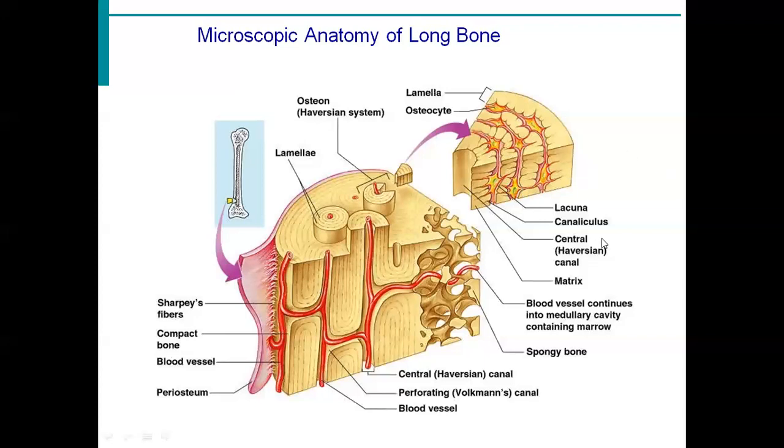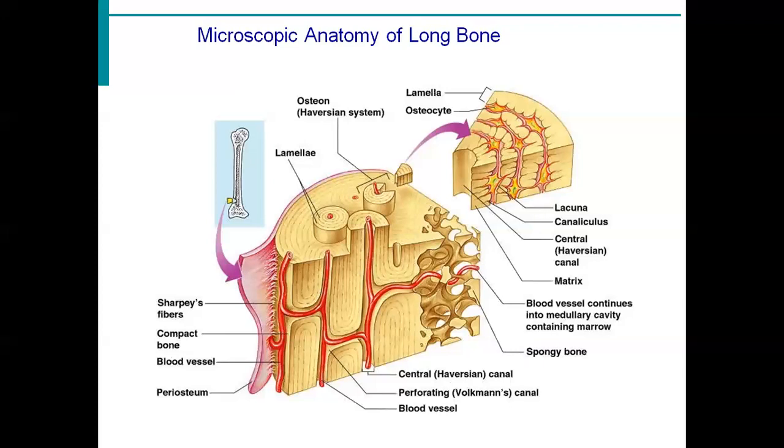Thus, an overall structural development of a system which is surrounded by a central canal. This central canal or Haversian canal forms 3 to 4 or multiple layers of lamellae.